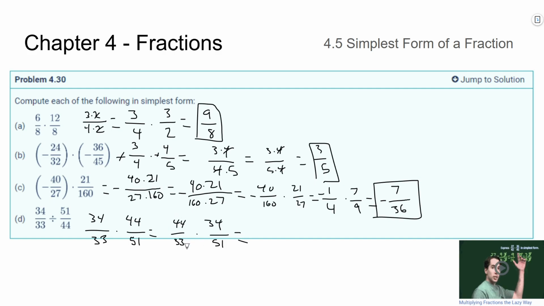All right, well, these are multiples of 11, so that's going to end up being 4 over 3 times, let's see. Not sure about 34 over 51, though. Let's see, 5 plus 1 is 6, so okay, that is a multiple of 3. 3 plus 4, that's not a multiple of 3, though. So, yeah, I'm not sure if this one could be broken down at all.